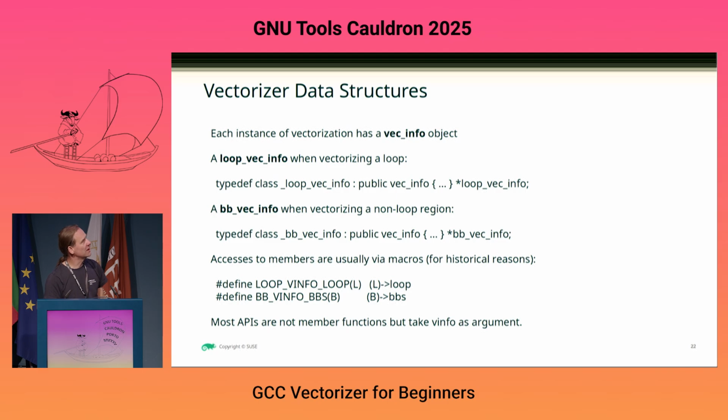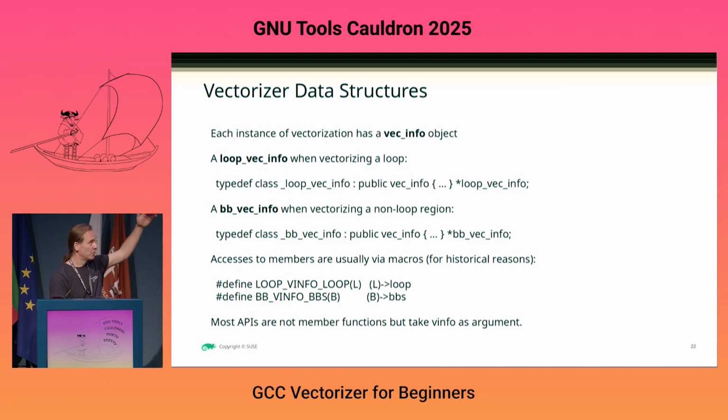So each instance of this kind of analysis has a vec.info object. The vec.info object is a base class that is derived to either the loop vec.info or a basic block vec.info. And the vec.info object itself contains shared things like the set of data references.